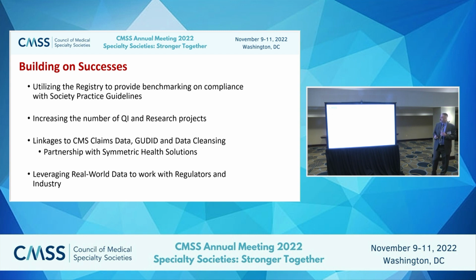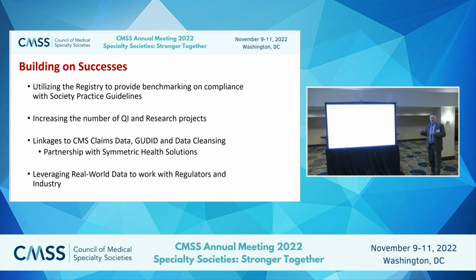So successes. This is where I want to spend some time, on successes and challenges. I think we heard earlier at the breakfast session about guidelines and making sure that we've got data in the registries to support clinical guidelines. This is something new for us, and I'll be interested to hear what other registries are doing.